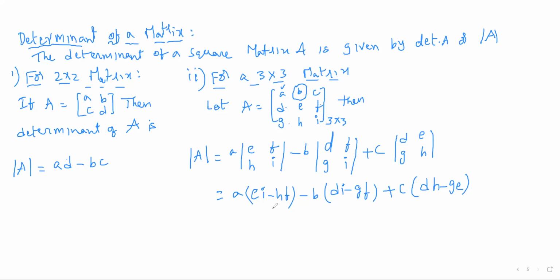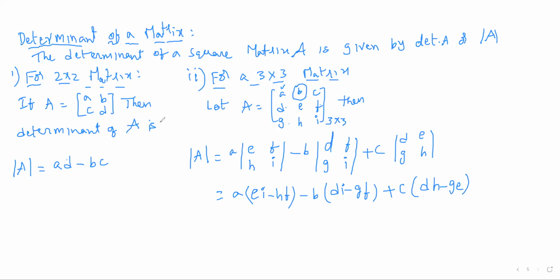As these are only elements, we cannot simplify further. If these are all numbers, we can simplify further in two to three steps. That is, the determinant is a numerical value, not an expression. Finally, we get a numerical value for the determinant of a matrix. The problems on determinants we will do after the introduction classes.